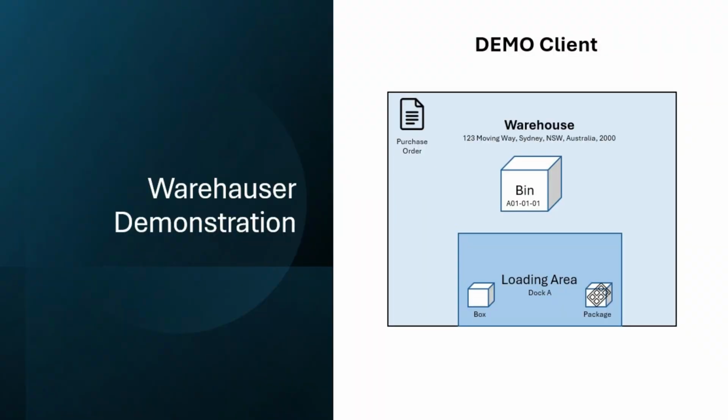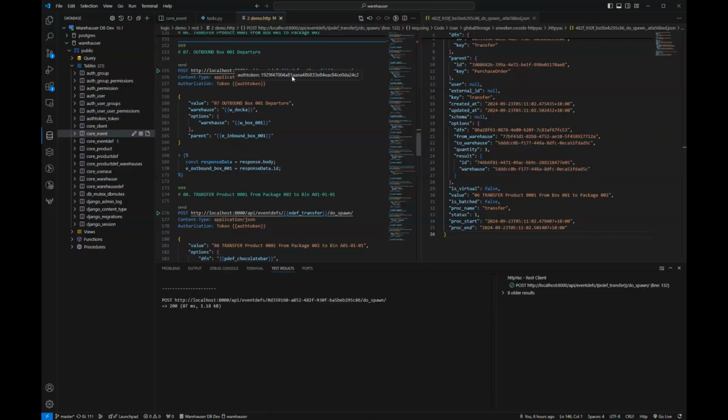Now that we have finished inbounding all the products from the purchase order, we can dispose of the box that the truck delivered. So again, we're going to do another outbound event, and we're going to outbound the box.